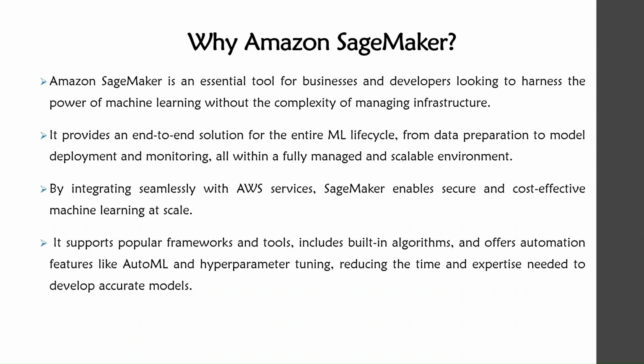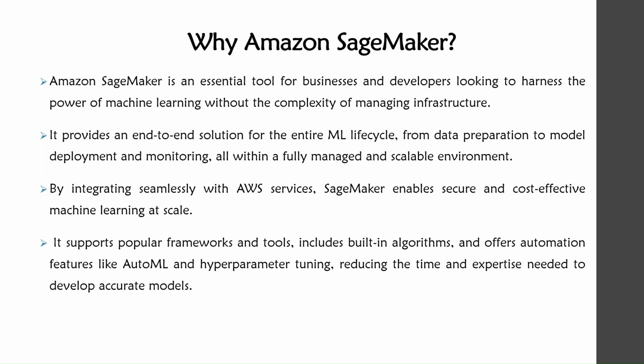By integrating seamlessly with AWS services, SageMaker enables secure and cost-effective machine learning at scale. It also supports popular framework tools, includes built-in algorithms, and offers automation features like AutoML and hyperparameter tuning, reducing the time and expertise needed to develop accurate models.